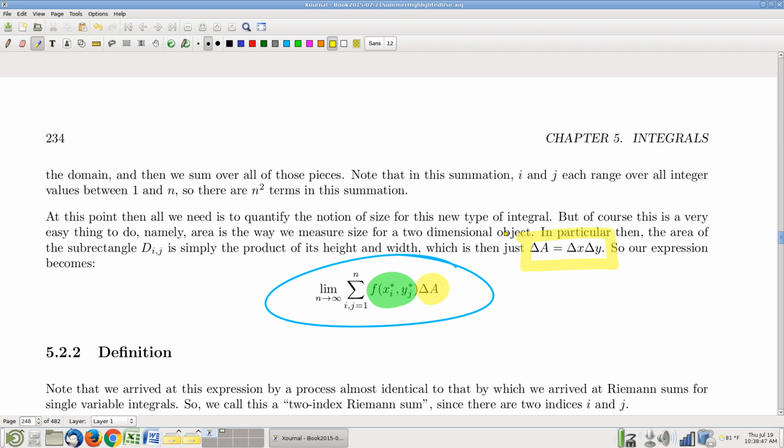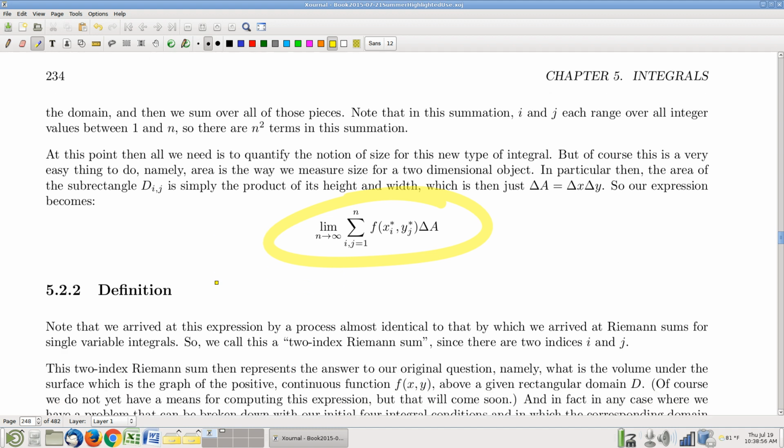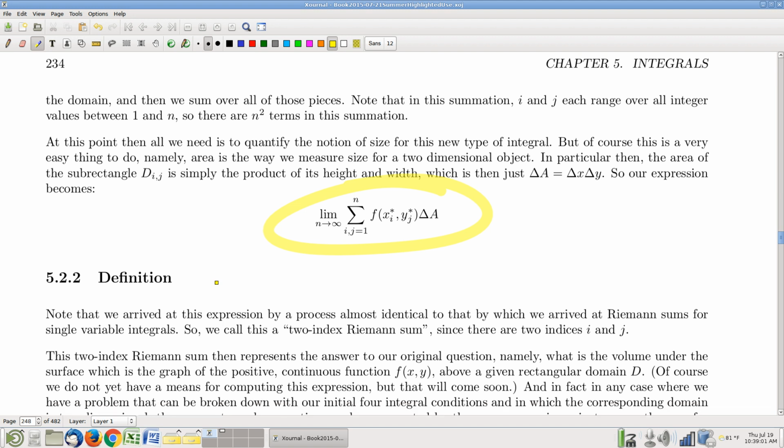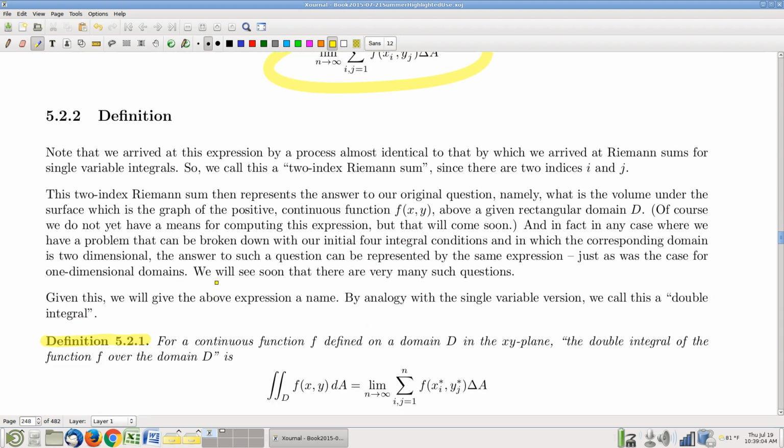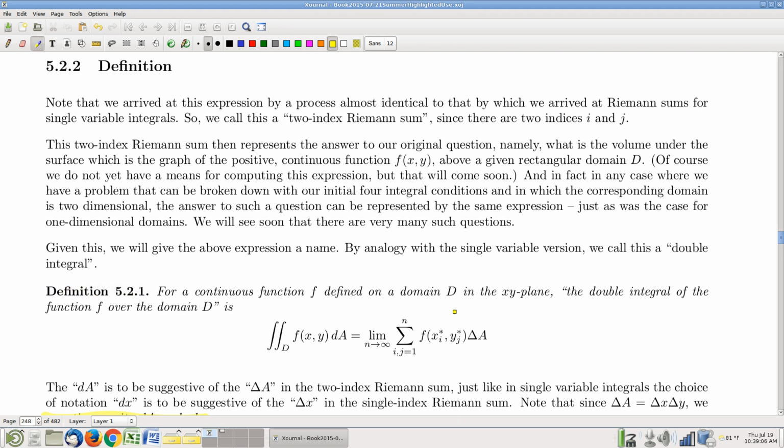So the explicit motivation that I've given you for this expression is that it's the answer to a very natural question about volume under a graph. I ask you to believe me that it is also the answer to lots of other questions. And being so commonly useful, we're going to give this thing a name. The name is that this is a double integral of the function f over that domain, the rectangle domain D, and we're going to use this notation to represent it.